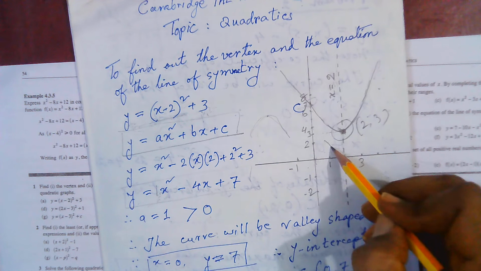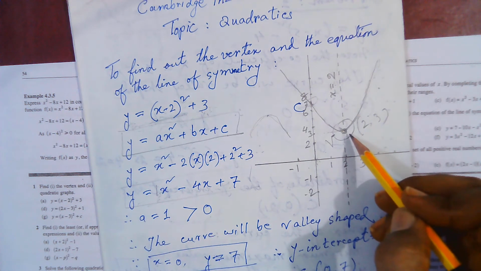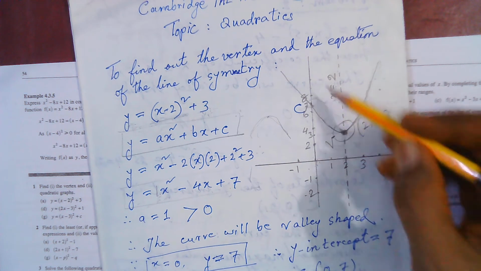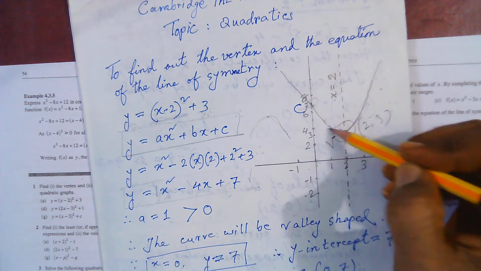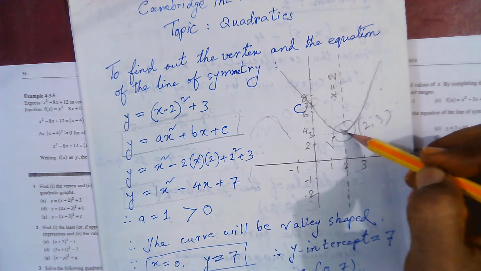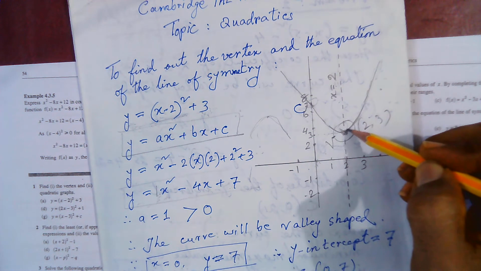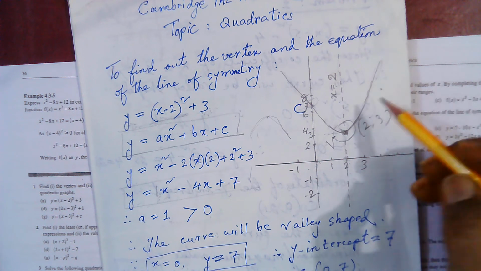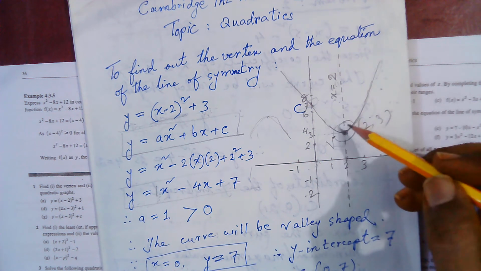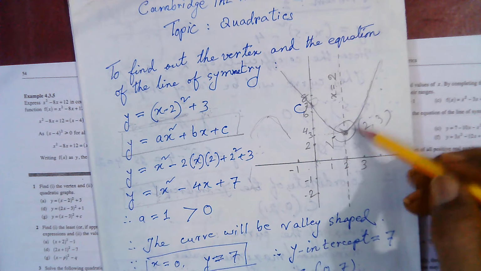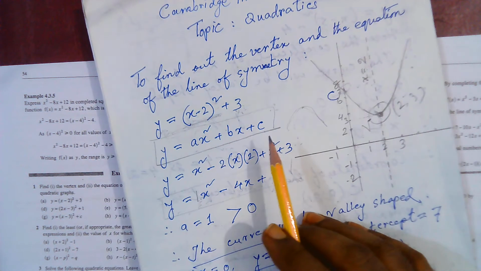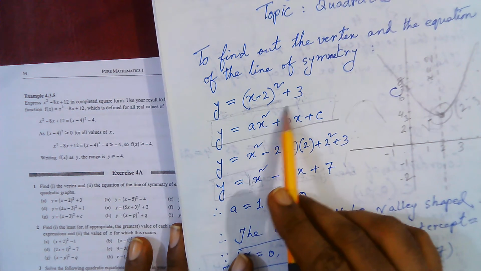The vertex is (2, 3). So we will just join this and that one very smoothly as far as possible and go back to the other side. This is how we can sketch the valley shaped curve of the quadratic equation y equals to this one.